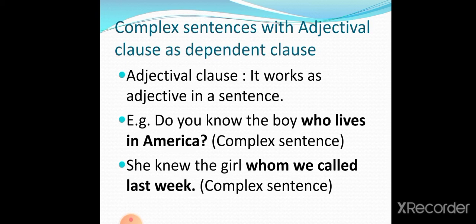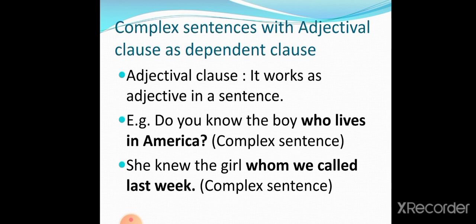Then we have the adjectival clause as a dependent clause and they are actually making complex sentences. First of all, let us see what adjectival clauses are. It works as an adjective in a sentence. Remember, an adjective tells you more about the noun. So, for example, do you know the boy who lives in America?